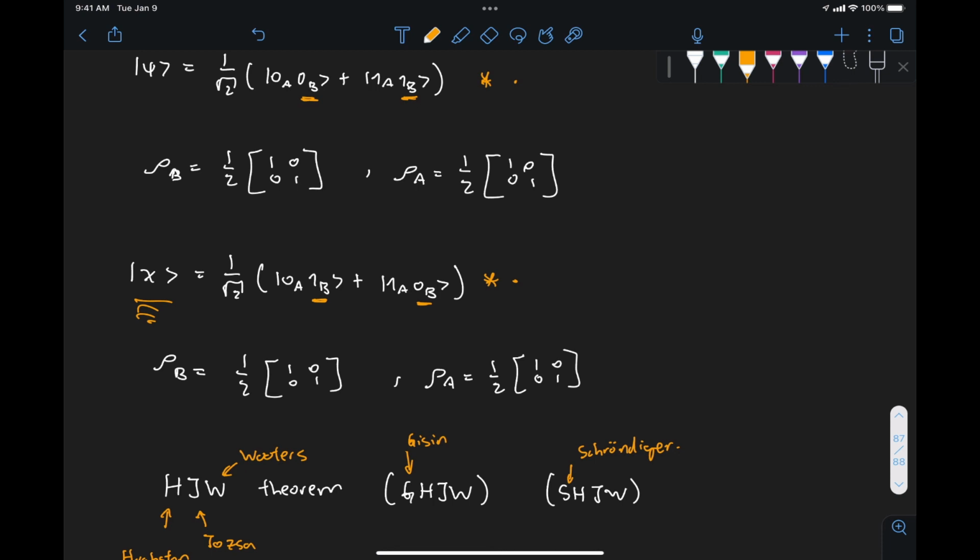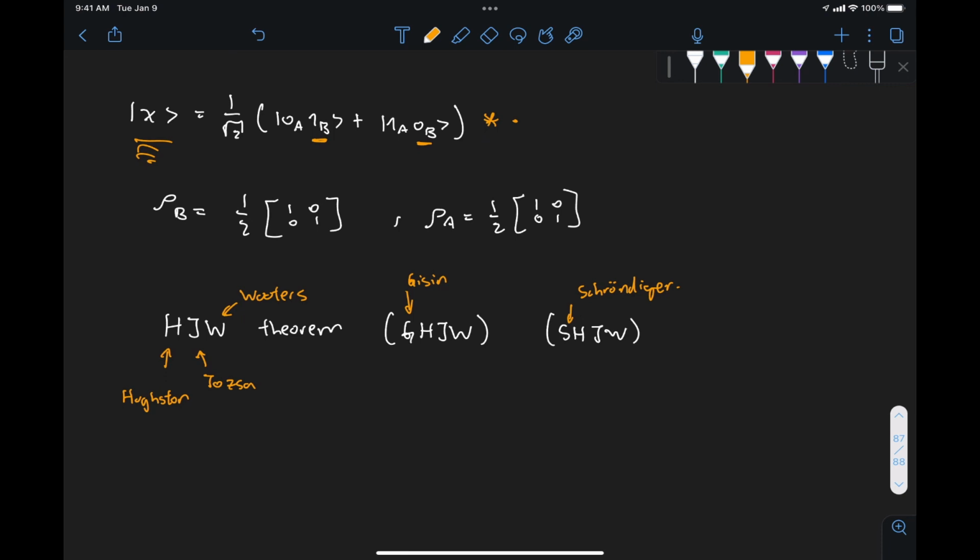Now, what this theorem is about is it's usually stated the other way around, that given some density matrix rho sub a, we can construct a pure state psi such that when we take the partial trace of this state over some subsystem B, it results in our density matrix rho sub a. And this procedure is known as purification.